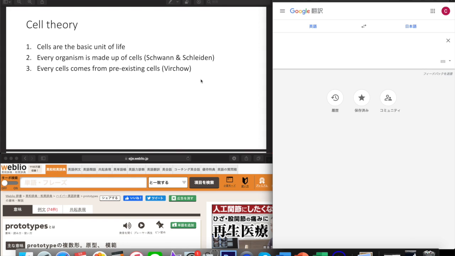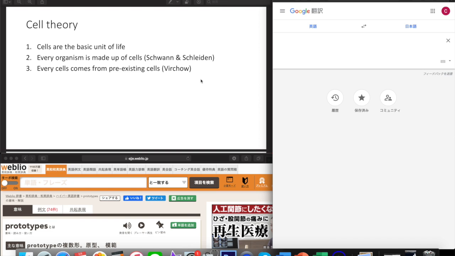There are two types: one is made from one cell, or one complex of cells. Schwann and Schleiden stated that an organism is made from one or more cells. You understand? Therefore, the cell is the basic unit of life.